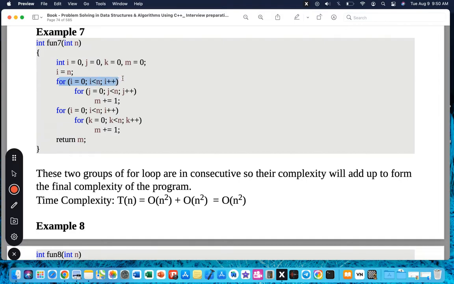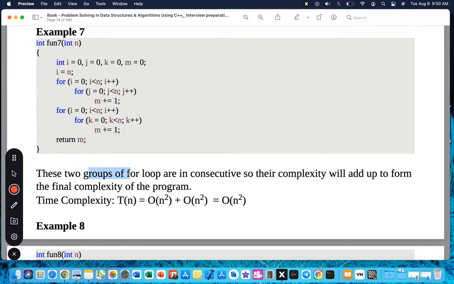From 0 to n for the counter i, from 0 to n for the counter j, and from 0 to i for counter j again, and 0 to n for k, and we have 2 summations calculated twice. And after the final result of this, we continue to add this.